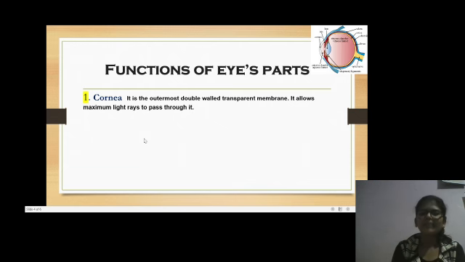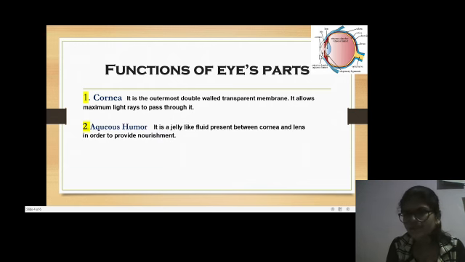It allows maximum light rays to pass through it. This portion present over here is cornea. This is the double-layered structure. As we can see, there are two membranes over here and this is the outermost part. It allows maximum light to enter into the eye, so that lens can receive the light and the picture of the image outside. So this is cornea.